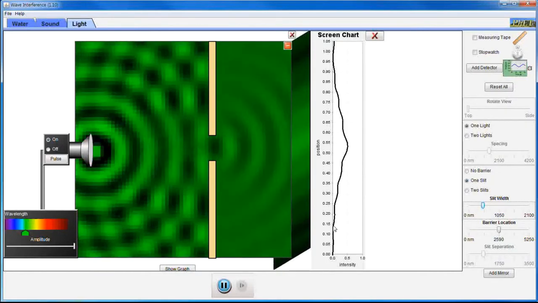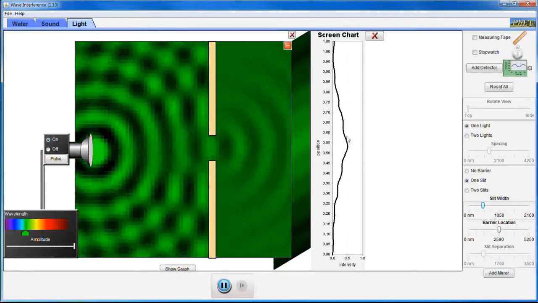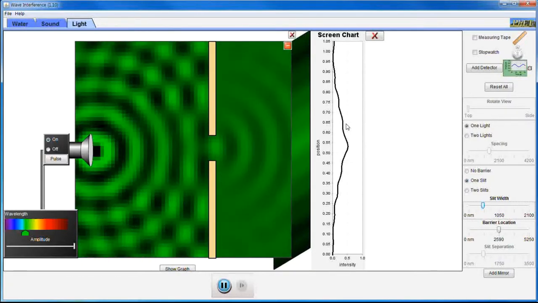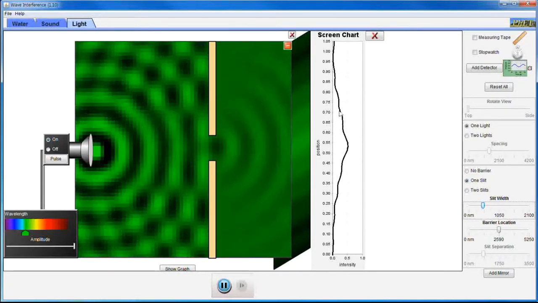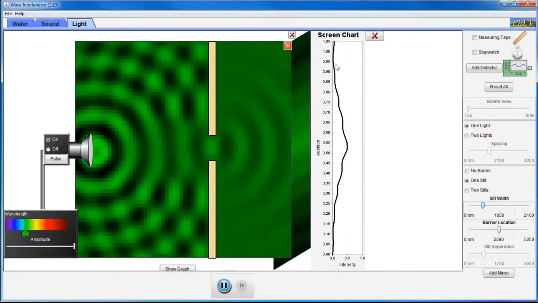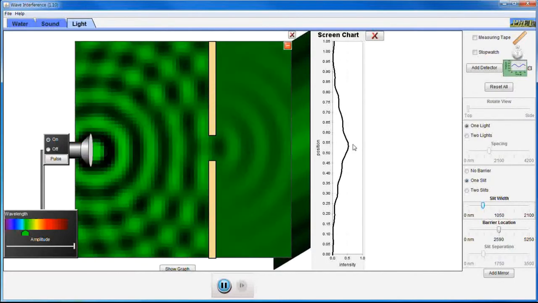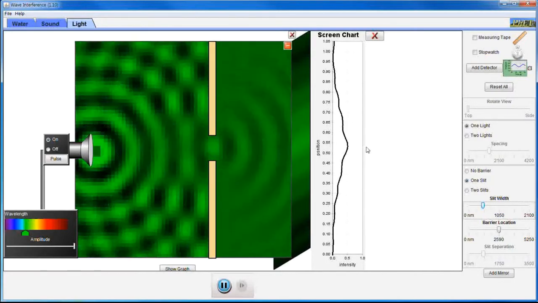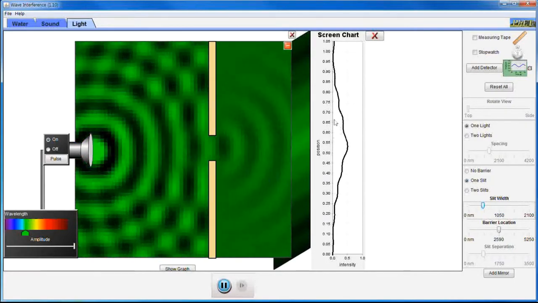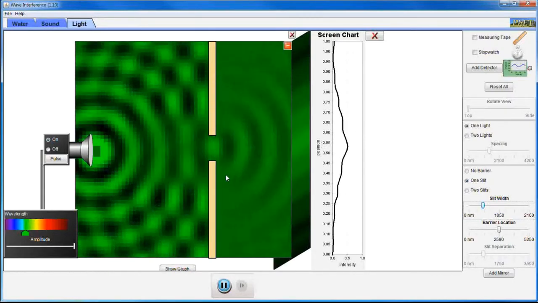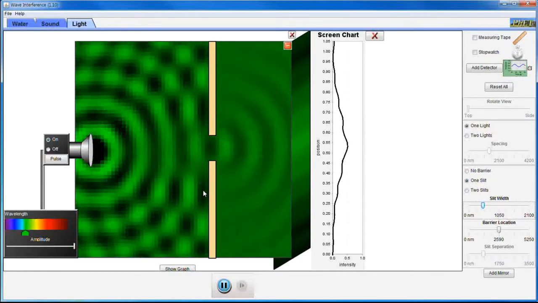So it's showing a little bit of wiggling. On the other side, the same thing is happening: there is a dip here, then it goes up, and then another dip and another dip. This change of intensity, the repetition between bright and dark parts, is certainly the diffraction, which is a result of the single slit diffraction.